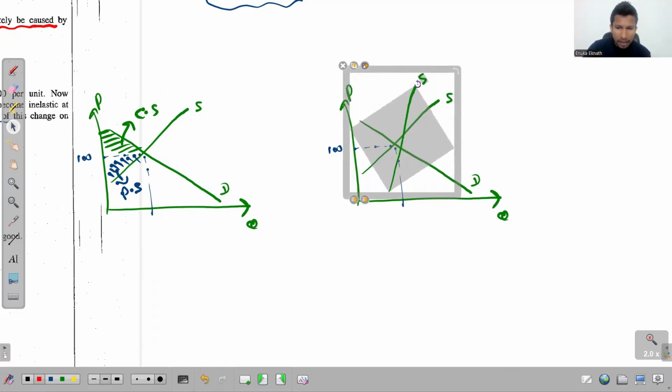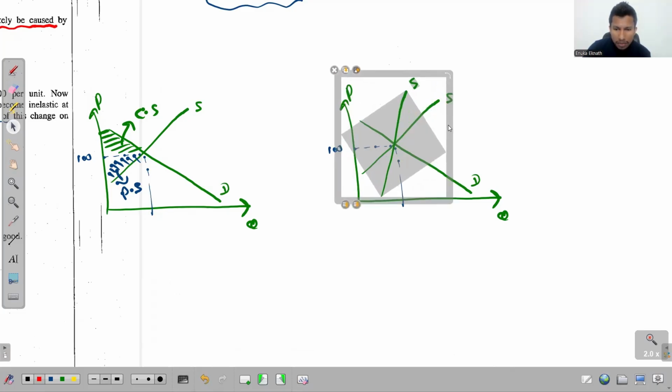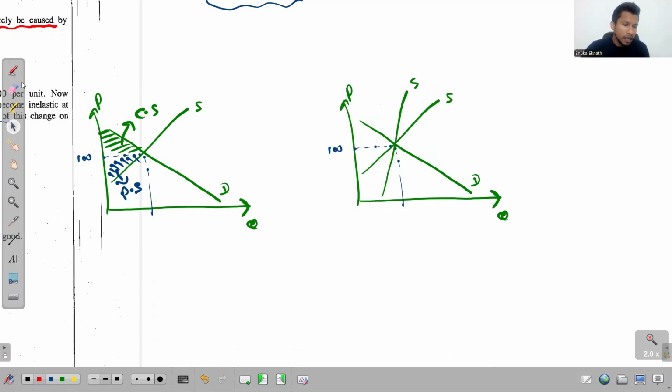The supply curve becomes much steeper, and now it starts from the quantity axis, so that you can understand this supply curve. Let me draw it in a different color pen. So this supply curve is relatively inelastic compared to the initial supply curve.